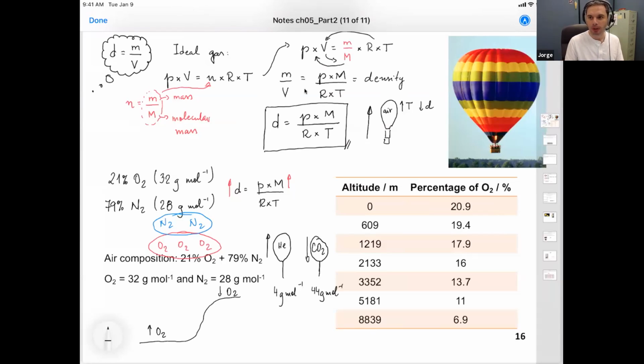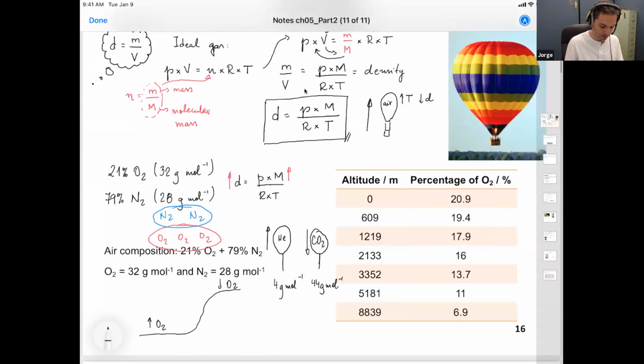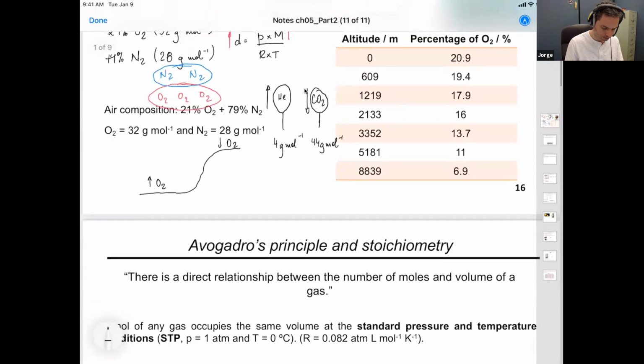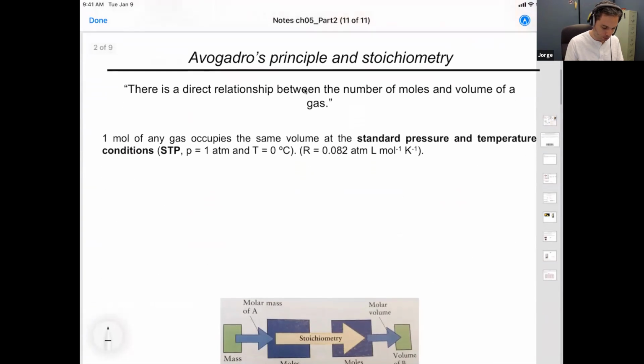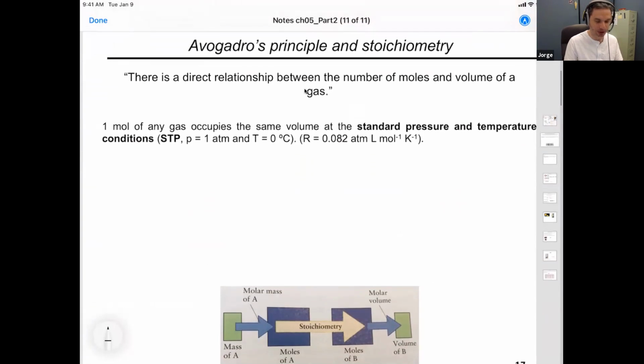Okay, so let's continue here. Now I would like to talk about Avogadro's principle and the correlation with stoichiometry of chemical equations. Avogadro's principle states that there is a direct relationship between the number of moles and volume of a gas.